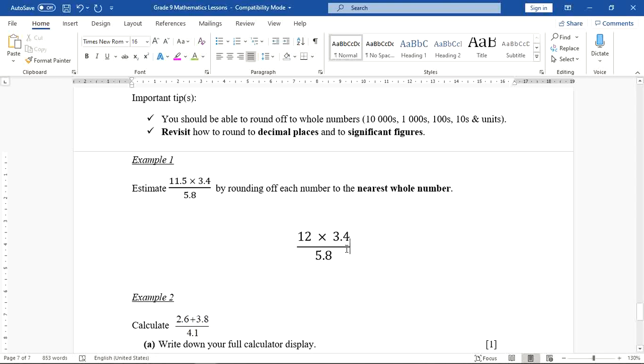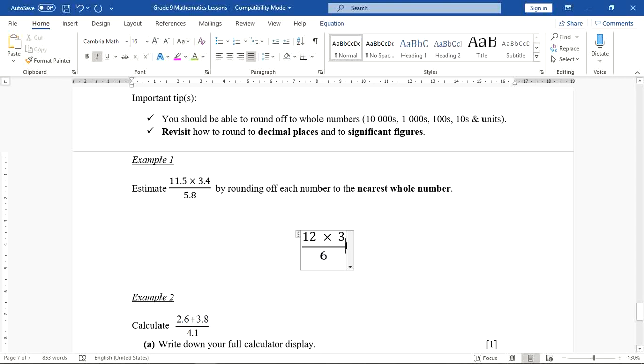Alright. What about 3.4? We are going to round down to 3 because 4 is not bigger than 5. What about 5.8? This one will become a 6, so we round up because 8 is bigger than 5, so it will add a 1 on 5, and 1 plus 5 gives us a 6.